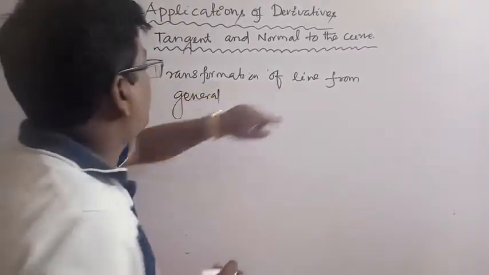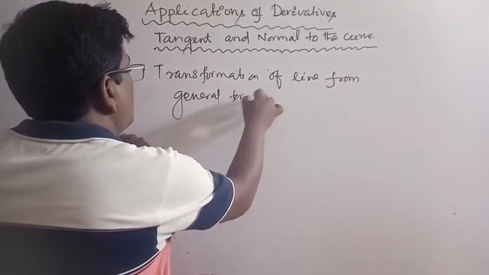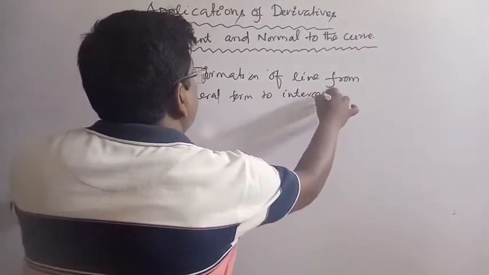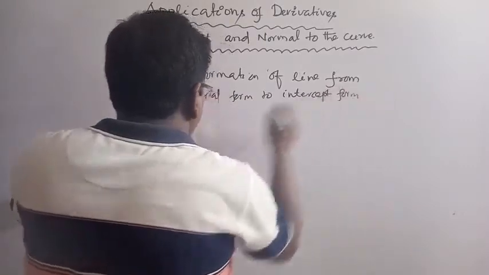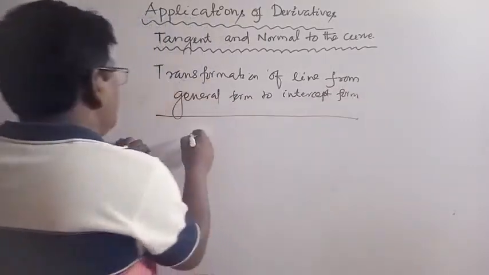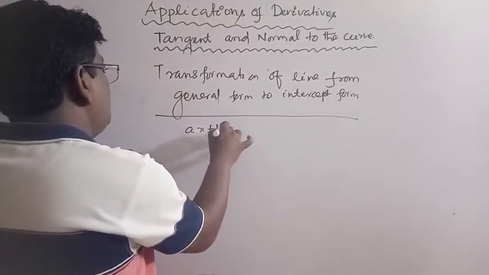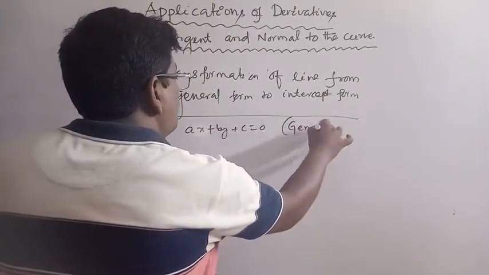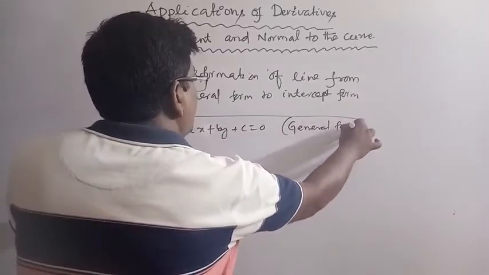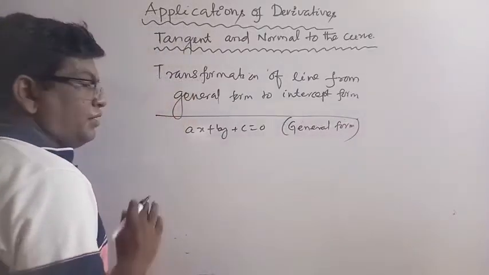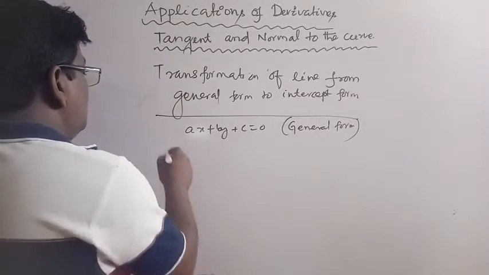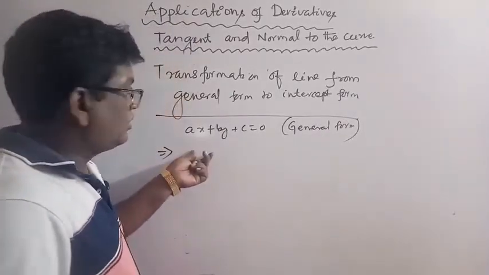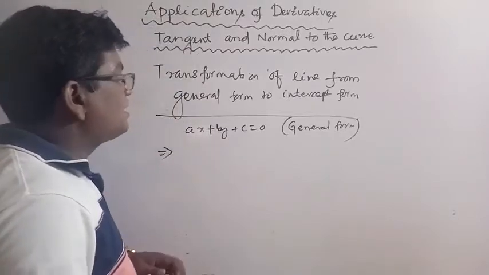Transform of the line from general form to intercept form. This is ax plus by plus c equal to 0, the general form. Our aim is to convert it to intercept form.